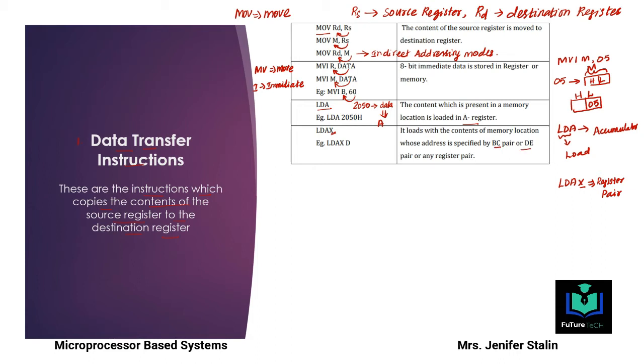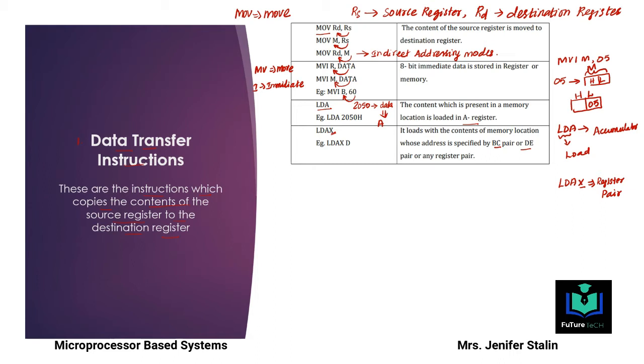For example, if we use register D and it comes with X, it does not come with D alone; it comes as a pair, the DE pair.